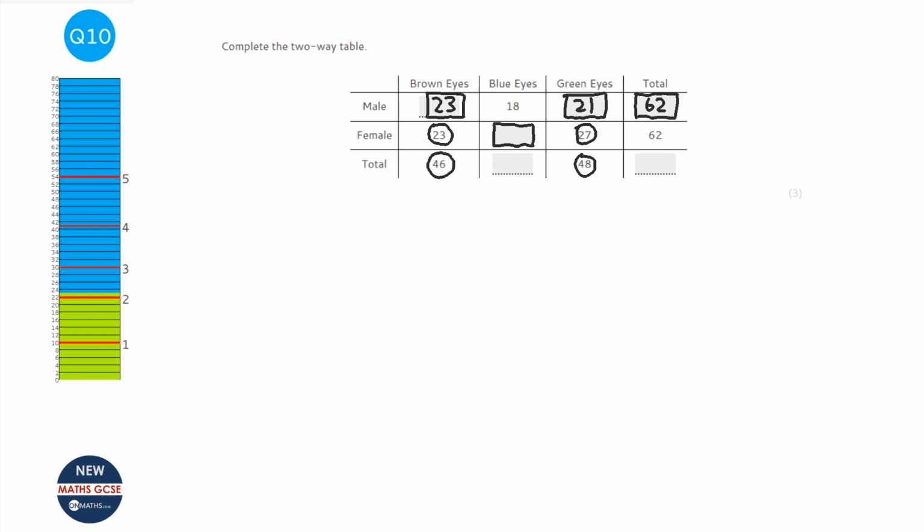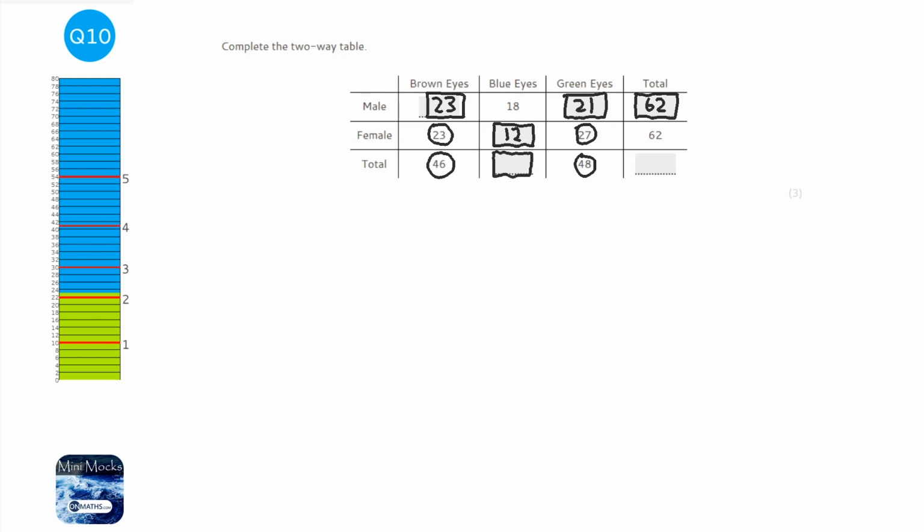So we've got 62 females altogether, and we've got 27 of them have green eyes and 23 of them have brown eyes. So we take the 23 and the 27 away from 62, and that leaves us with 12. And we can just check that. We can do 23 plus 12 plus 27, and it equals 62. So we know that's right. With that one sorted, we can get this one.